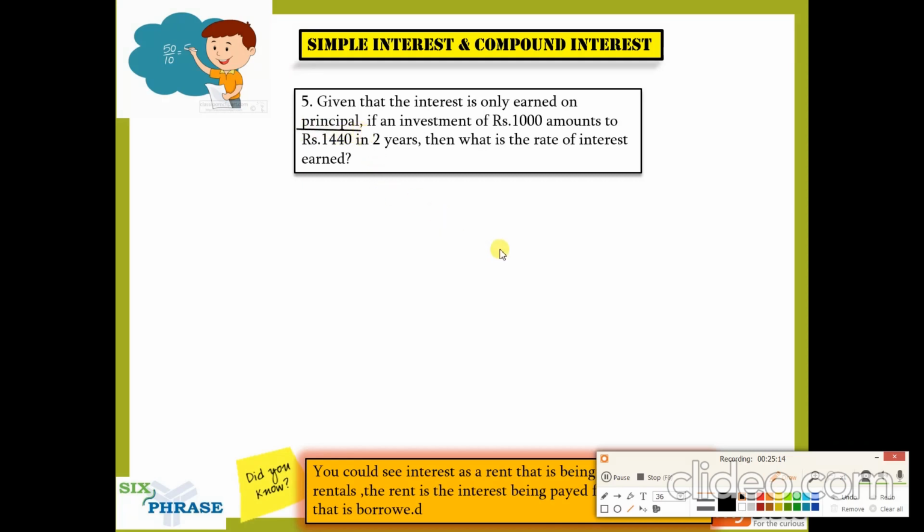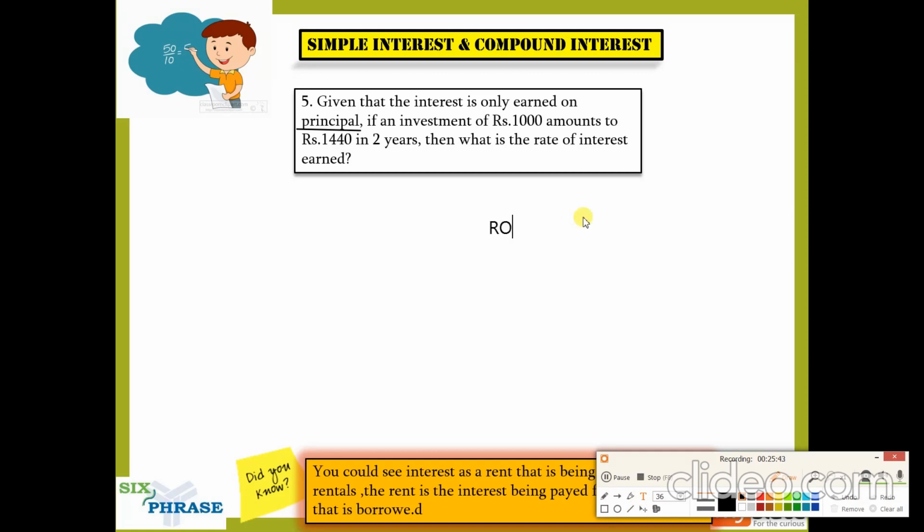If the rate of interest is for the principal, we call it simple interest. If the rate of interest is for the amount, we call it compound interest. Here they explicitly mention in the first line itself that the interest is only earned on principal. It means they are talking about simple interest. They are giving you different ways of looking at this question.